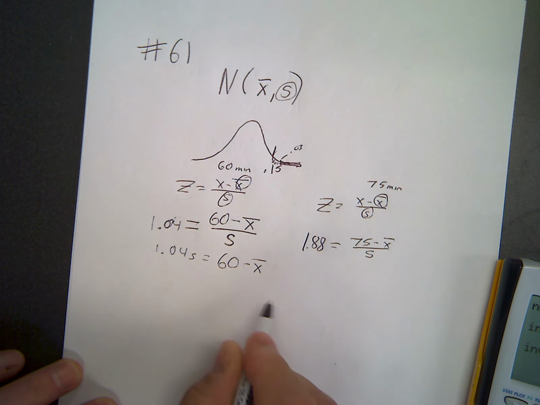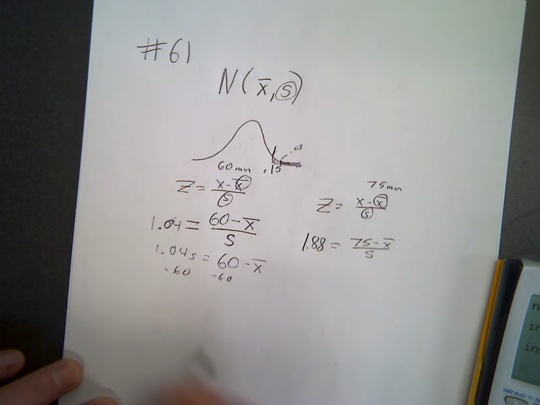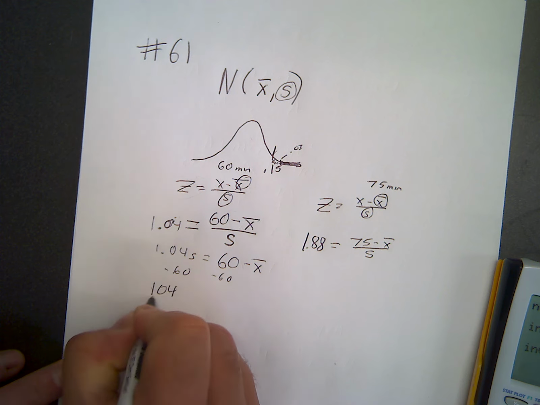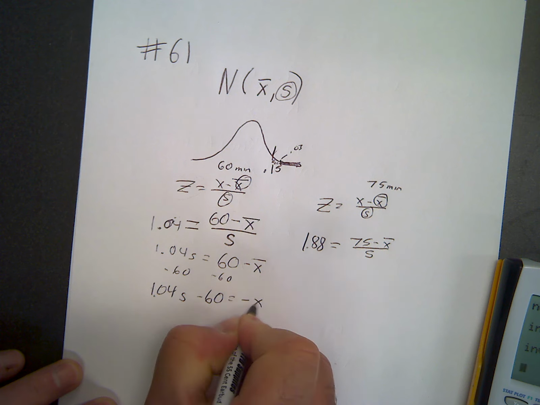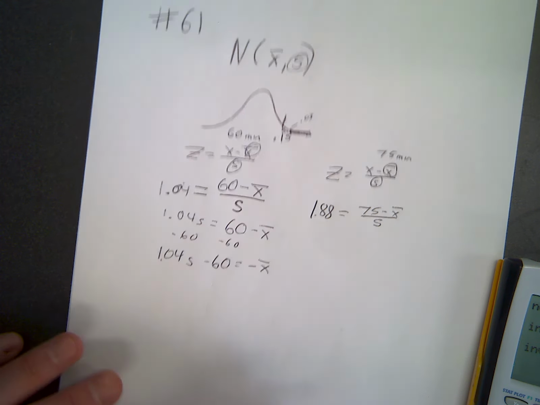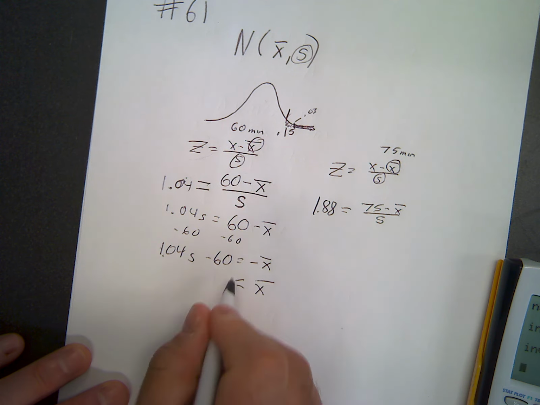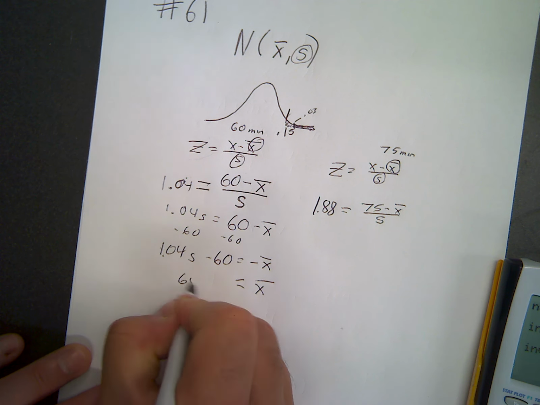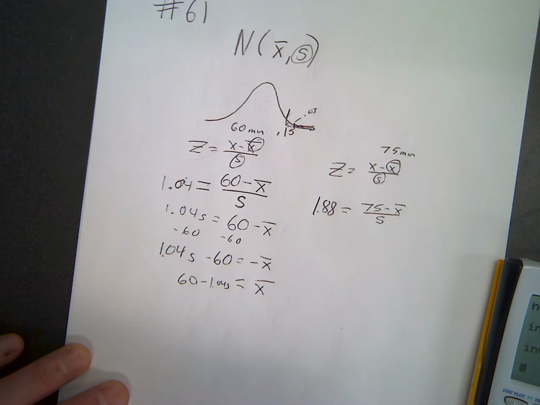Okay, and then I'm going to subtract 60 from both sides. So I get 1.04 s minus 60 equals a negative x bar. I'm going to multiply both sides by -1. I get x bar is equal to 60 minus 1.04 s.